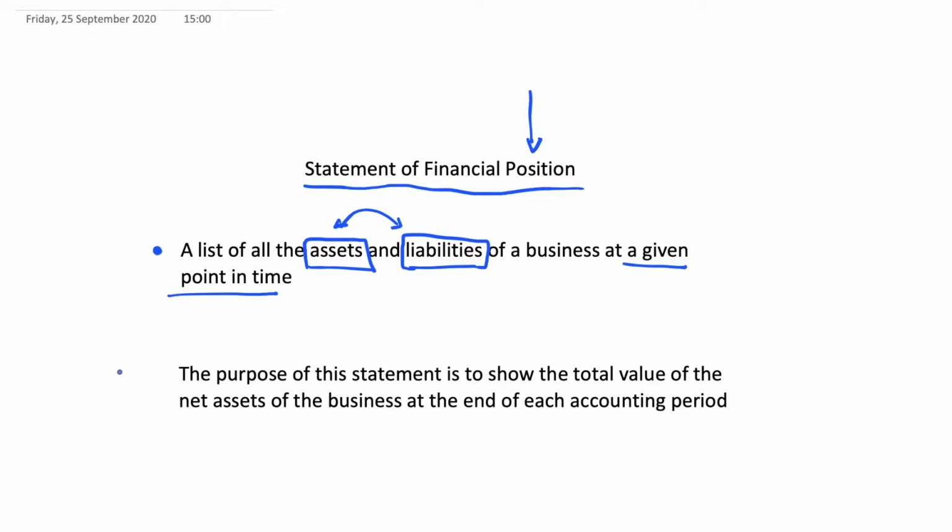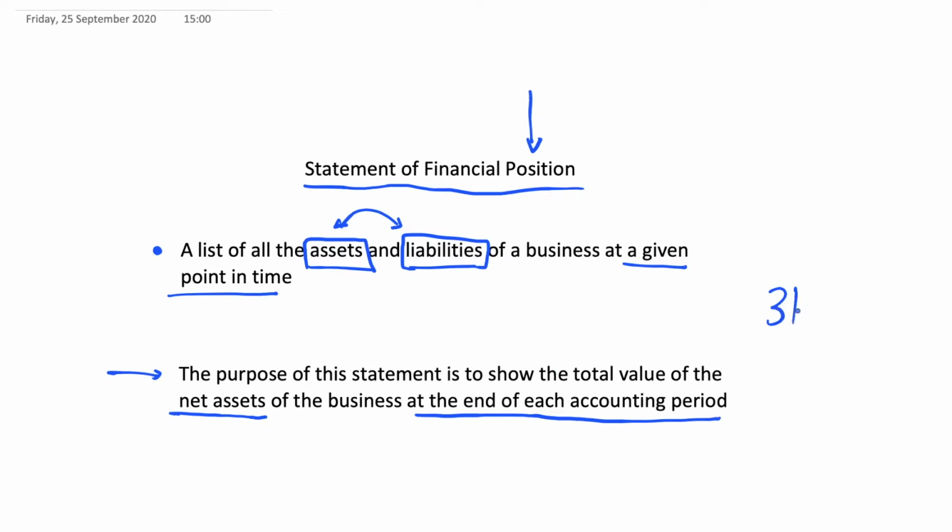So the purpose of this statement is to show the total value of the net assets of the business at the end of each accounting period. So this is what our point in time is going to be. It's going to be the final day of our accounting period.